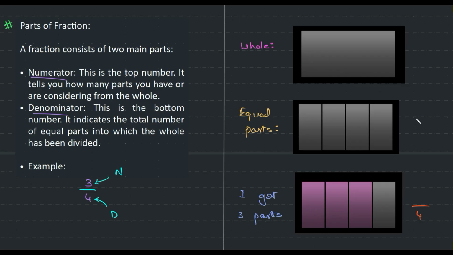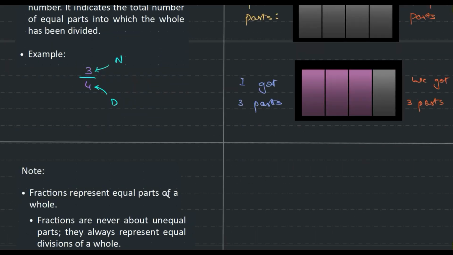So how many are there? There are 4 equal parts. This gives us the denominator. And how many did we get? We got 3 parts. And so the fraction is 3 by 4. This indicates there are 4 parts, out of which we got 3.